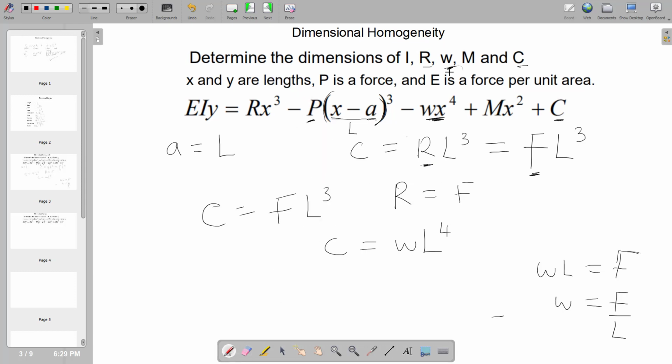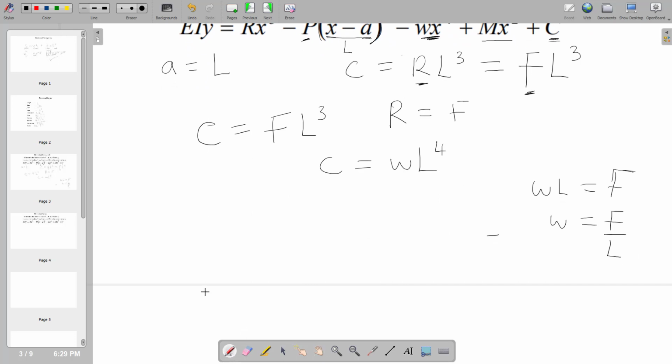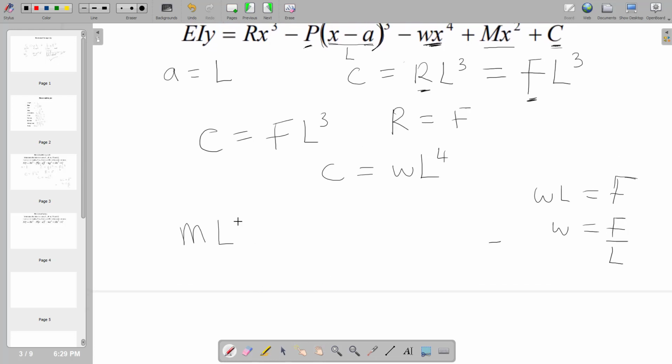Now we know W. Now we need to find M and I. Okay, so we have L squared here. We can simply compare that to our FL cubed. So our ML squared is simply equal to the dimension of our C, which is FL cubed.